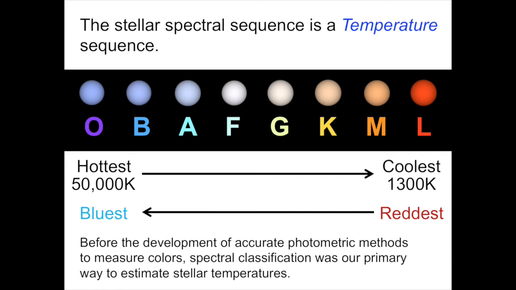Before the development of accurate photometric methods to measure colors, the use of photographic spectra to classify different stars into types O, B, A, F, G, K, M, and L, and thereby sort them in order from increasing to decreasing temperature, was the only way we had to estimate stellar temperatures.